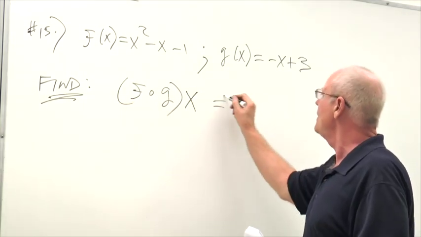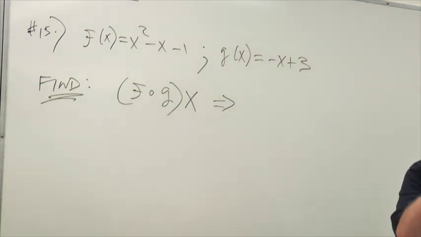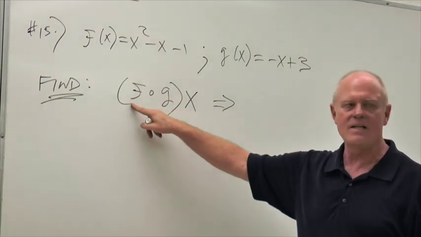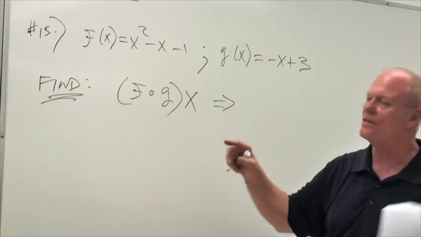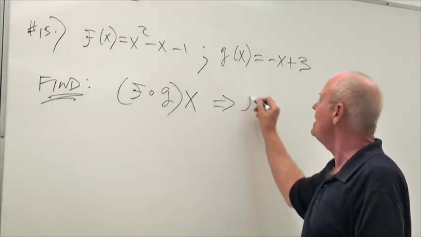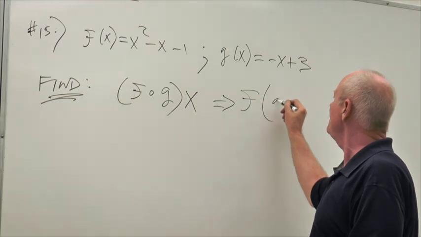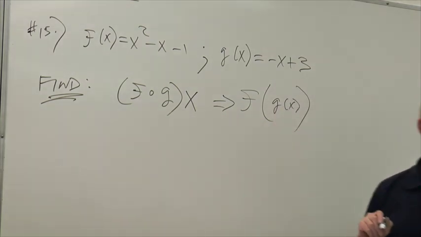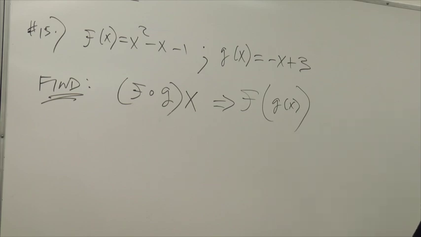But what's the thing you want to remember when you're working with these? Order matters, right? The first function is the outside function. So the best way to deal with these is to rewrite this as f of g of x. Good? And work with it like that, because then it becomes very simple and very obvious. What are we doing here, actually?